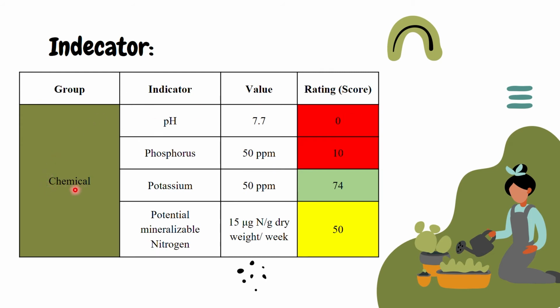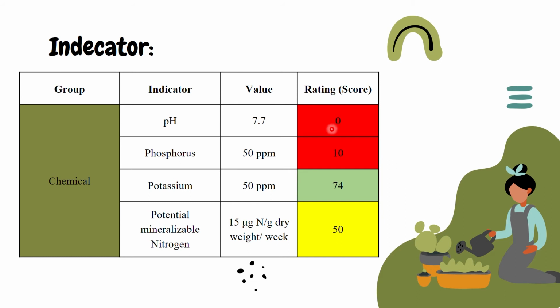As you see here, the chemical group has different indicators, for example pH, phosphorus, potassium, and potentially mineralizable nitrogen. All these indicators have different values and ratings. For example, we have a pH value of 7.7, and the rating or score is 0.